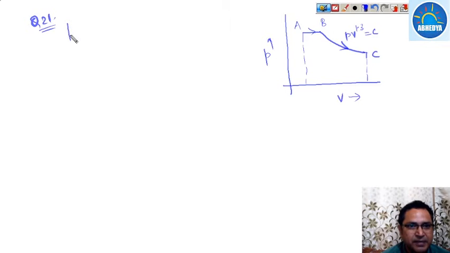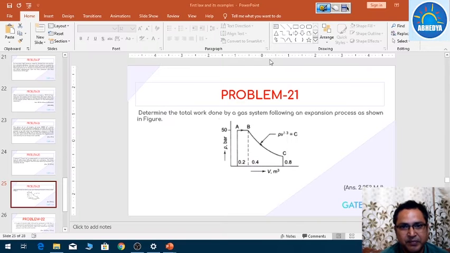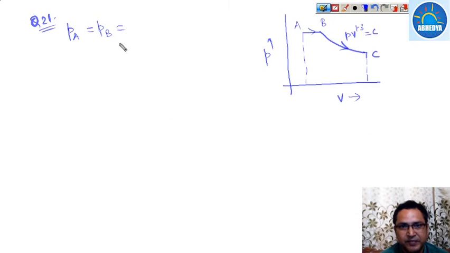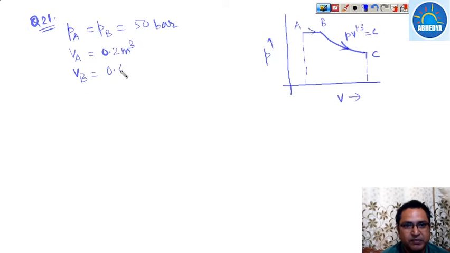So PA, that is the pressure at A, is equal to the pressure at B, and the value is 50 bar. VA, the volume at A, is 0.2 meter cube. Volume at B is 0.4 meter cube, and the volume at C is 0.8 meter cube.